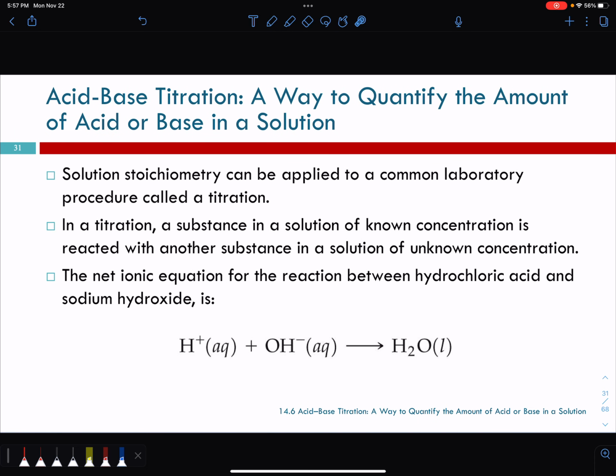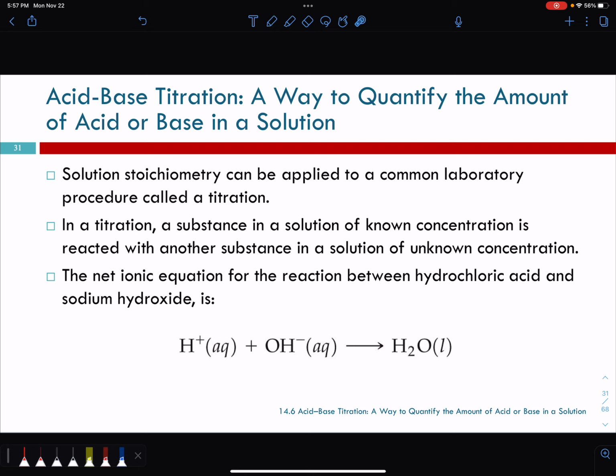Okay, so we did titration last week. This is more of why that works, because it's a combination of acid-base reactions and solution stoichiometry. So in our titration, we had a substance in a solution of known concentration. That was our sodium hydroxide, which was 0.1 molar.